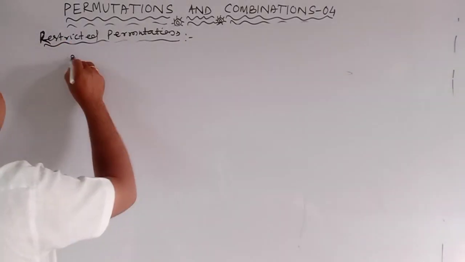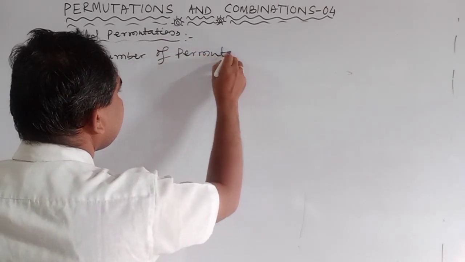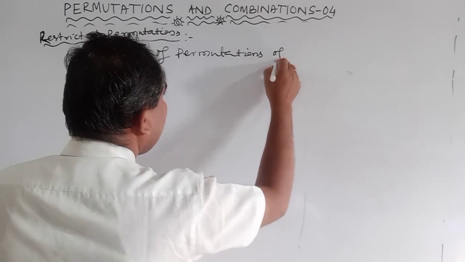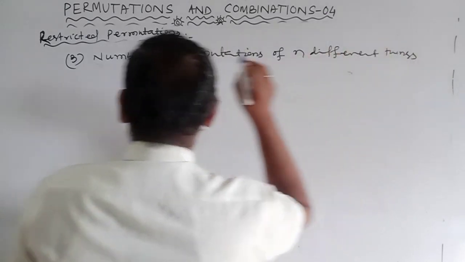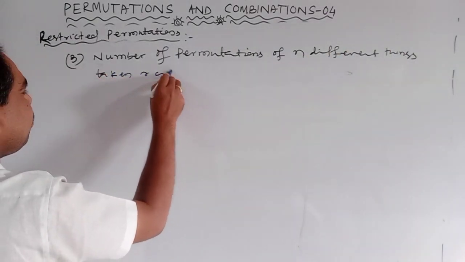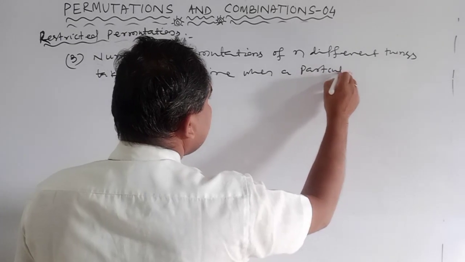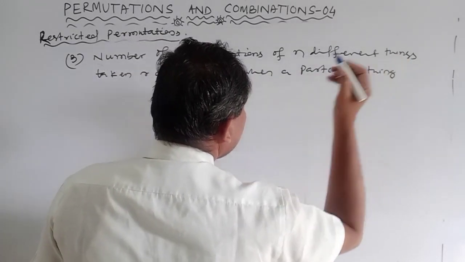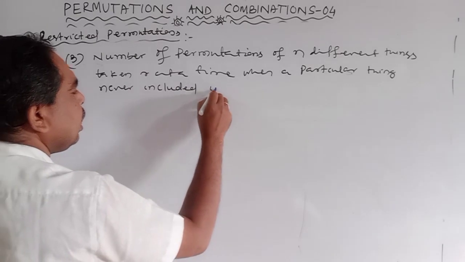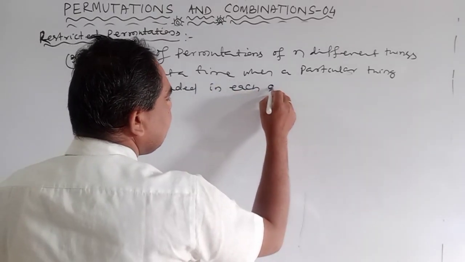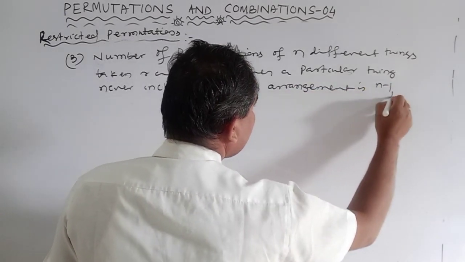Next, 3: the number of permutations of n different things taken r at a time, when a particular thing is never included in each arrangement, is n minus 1 Pr.